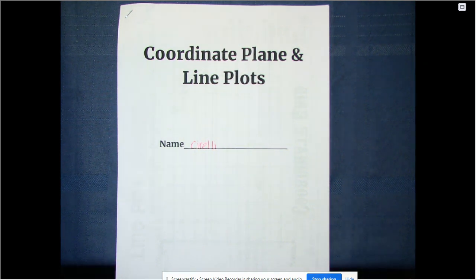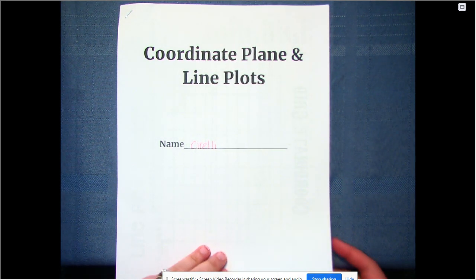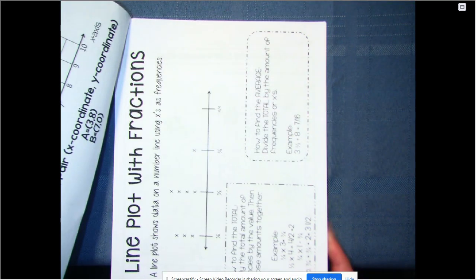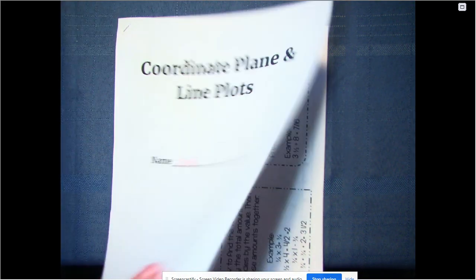So you're going to take out your coordinate plane and line plots packet. And at the front, you'll see that we have a couple anchor charts to help out. So if you're not sure, you can always reference those.